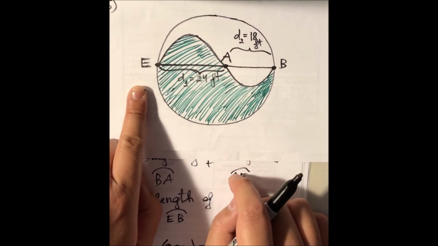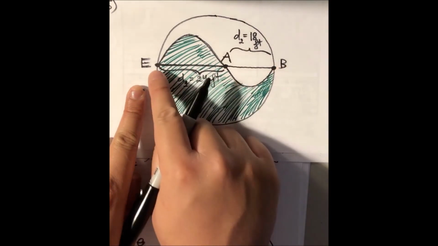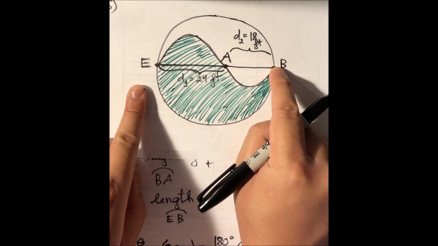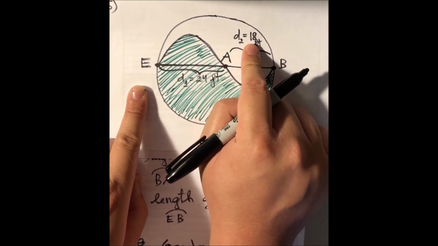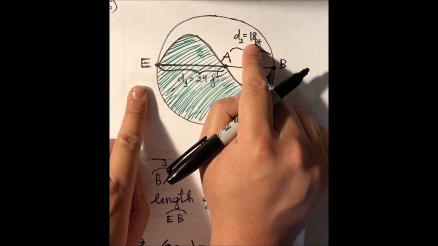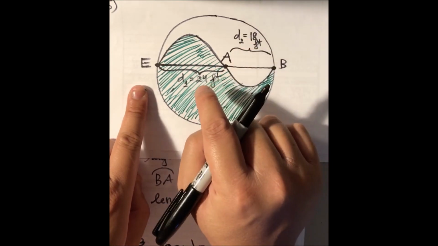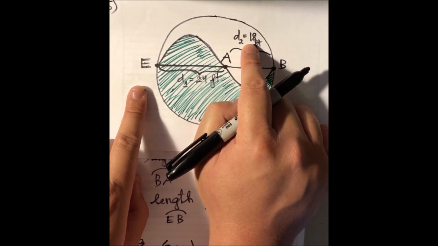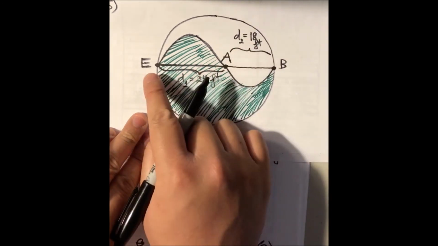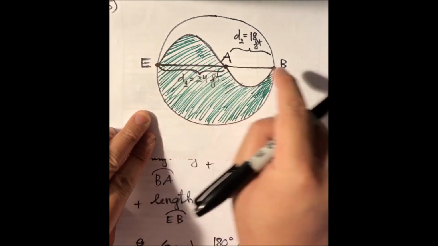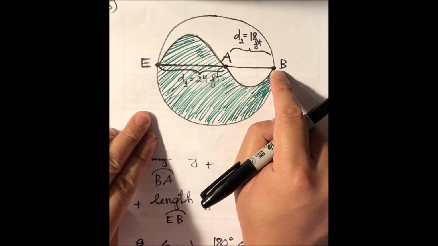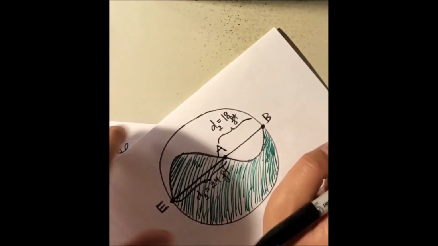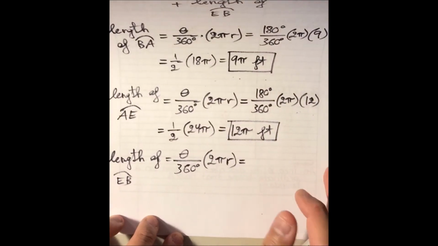This semicircle has the diameter from E to B, which is this little diameter, 24 feet, plus this little diameter, which is 18 feet. So 24 plus 18 is going to give us 42. And because this diameter from E to B is 42 feet, the radius is going to be 42 divided by 2, which is 21 feet.